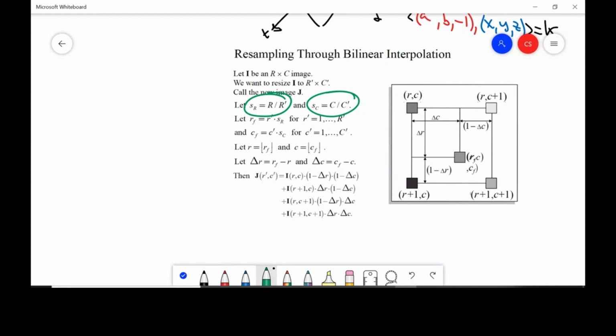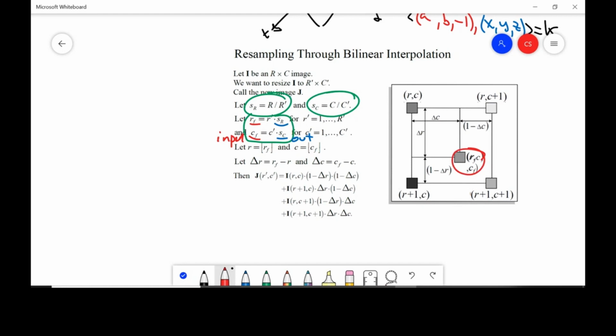I don't remember the colors I used before, but the transformations from the output to the input are the same as we had before. And this is giving us this point.